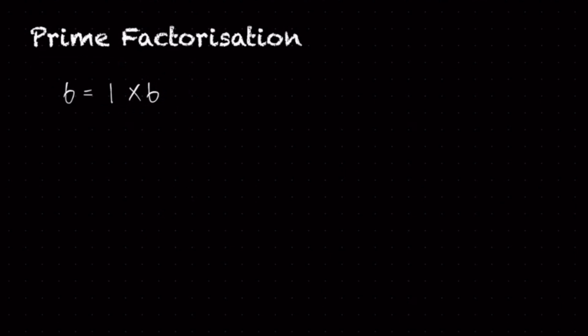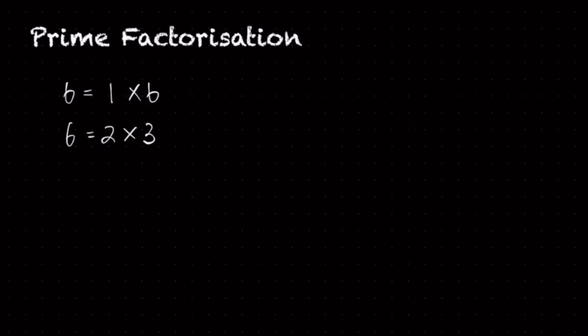So now we have 1 times 6. Let's try another one. 2 times 3. If we look at this, 2 is a prime number, and 3 is also a prime number. So this is prime factorization. Factorizing it, finding the factors of 6 using prime numbers.